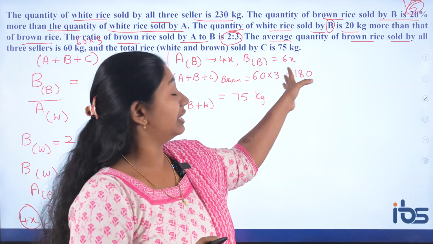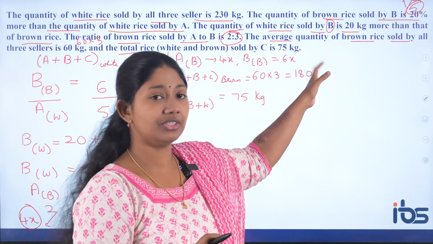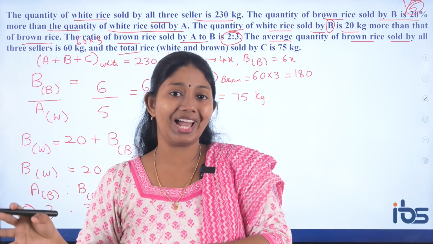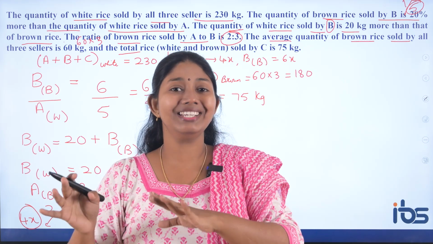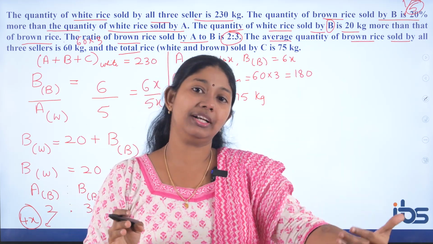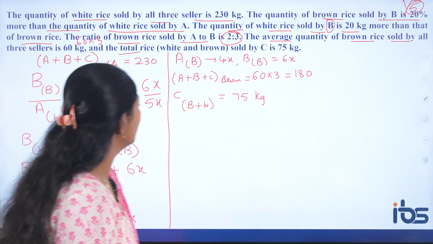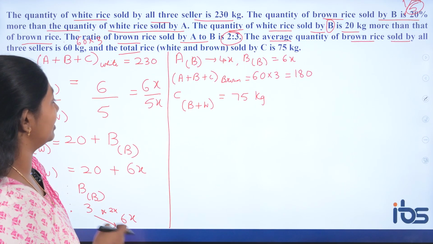So this is the data we have got from the data. That means whatever the data they have given, we have just decoded. Now you have to find out the values of all these and note it down in the table. After that we will solve the question. So from this, how to relate?